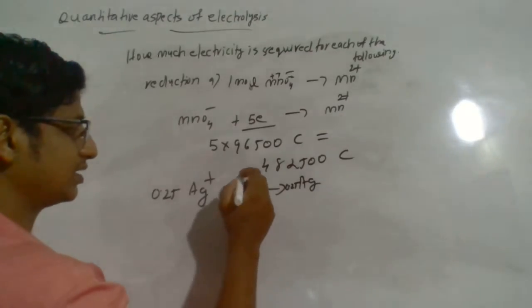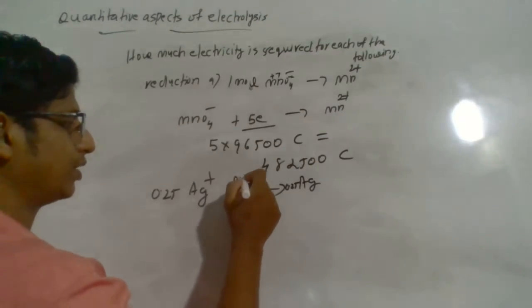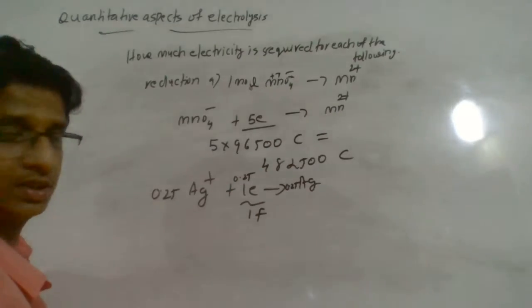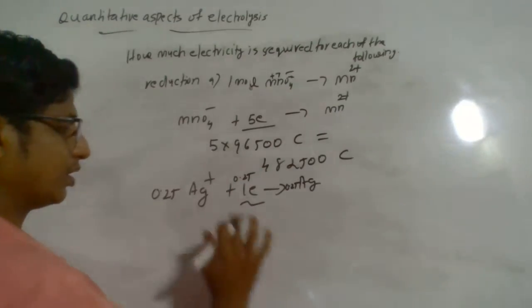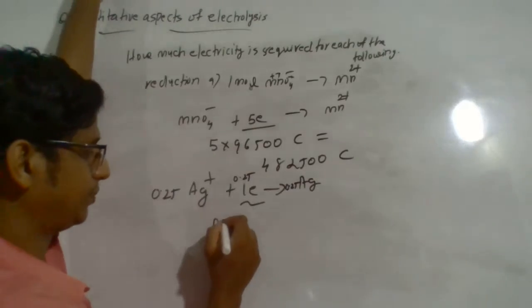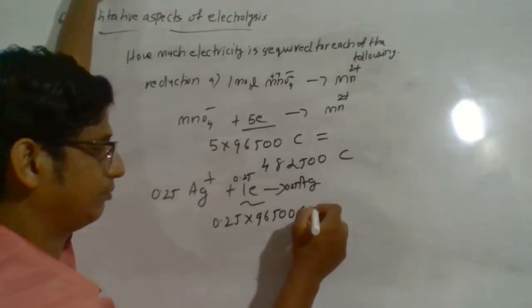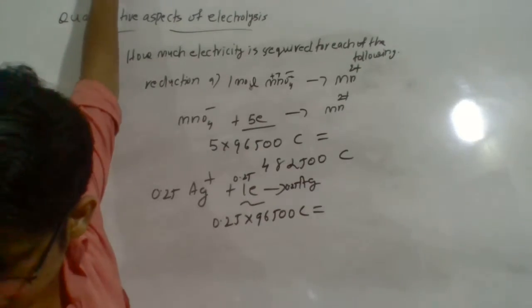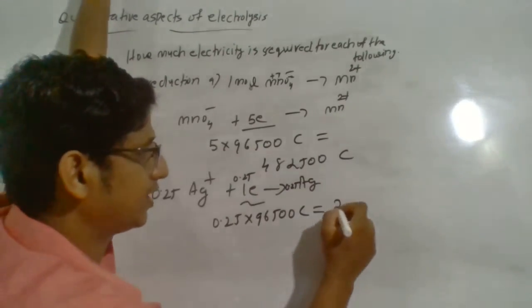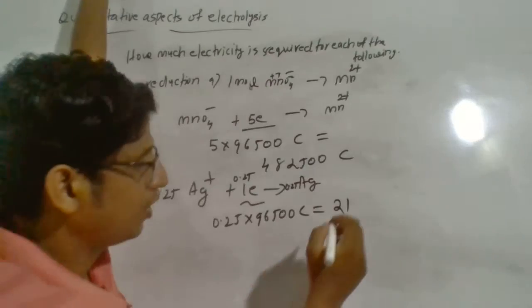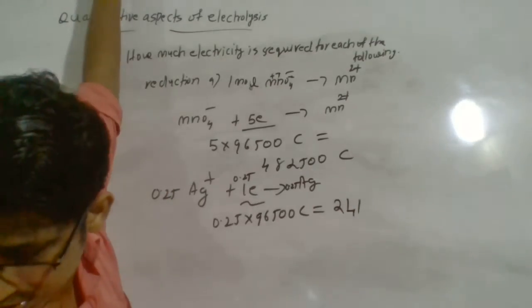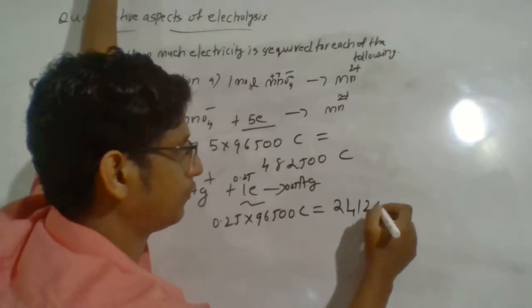So the amount of electricity required will be 0.25 Faraday. So if you calculate it, you will get 0.25 into 96500 coulomb, which is 24125 coulomb.